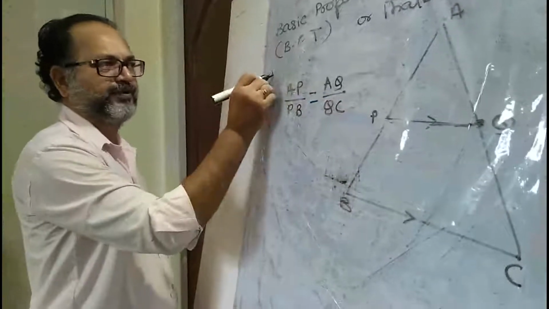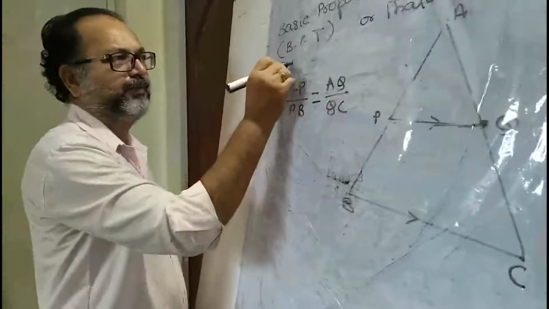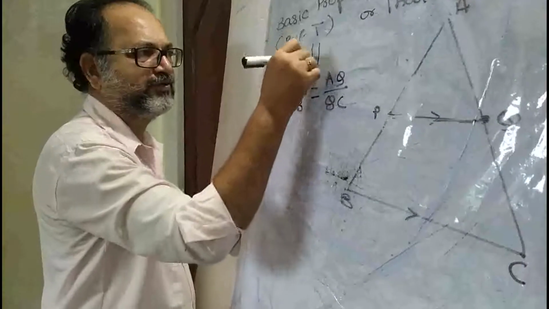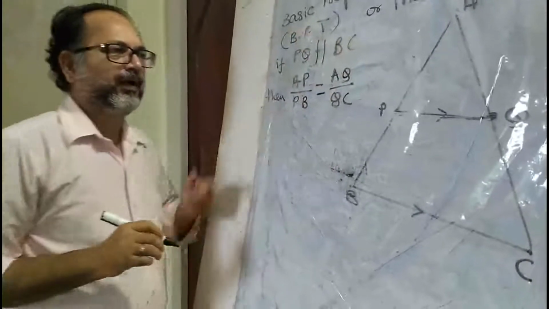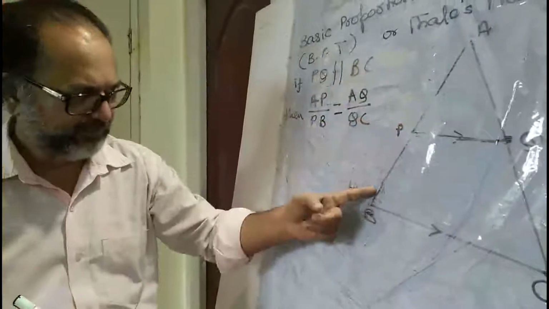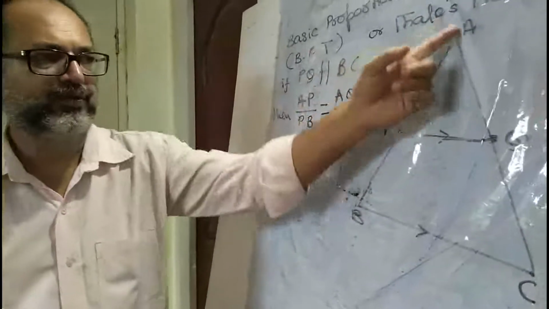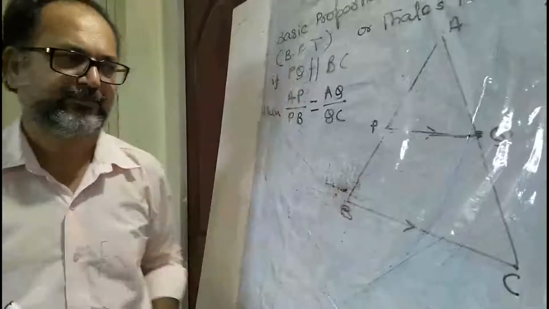So the theorem says that if PQ is parallel to BC, then AP upon PB will be equal to AQ upon QC.